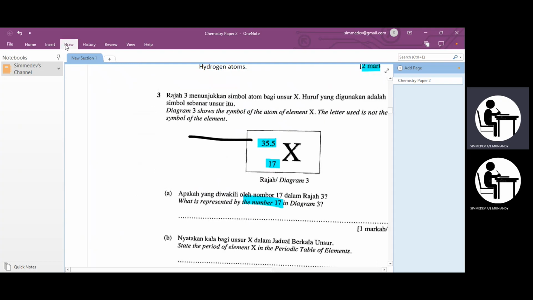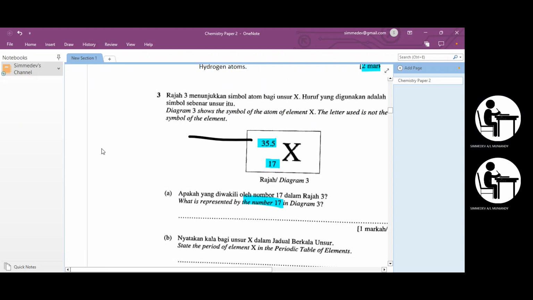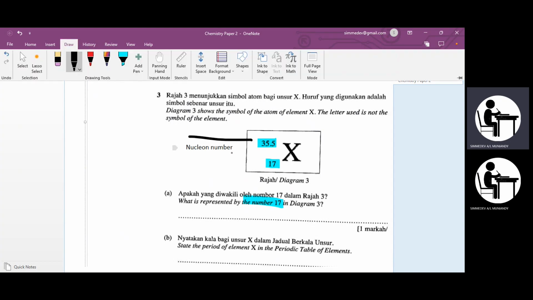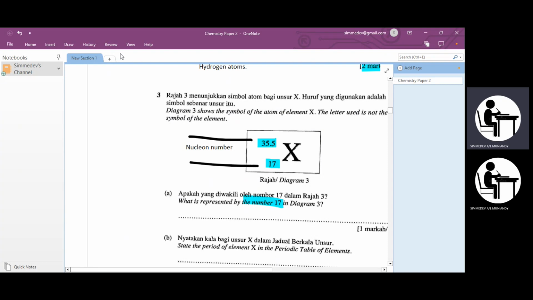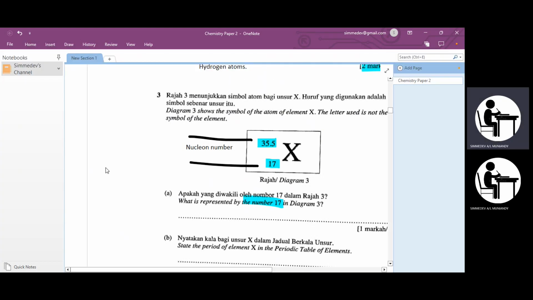Let me spell it out for you so that you don't misspell it later. Okay, this should be the nucleon number. And how about the one at the bottom? So that will be the proton number, right?